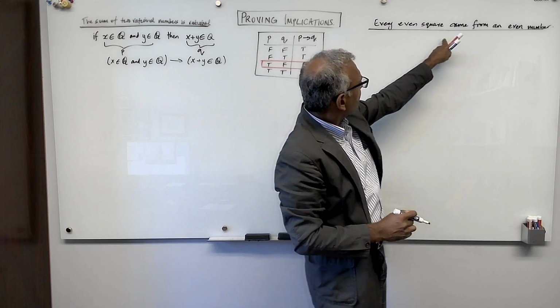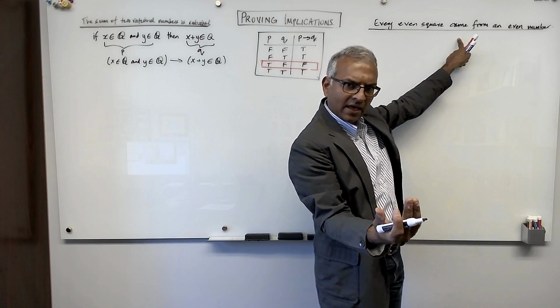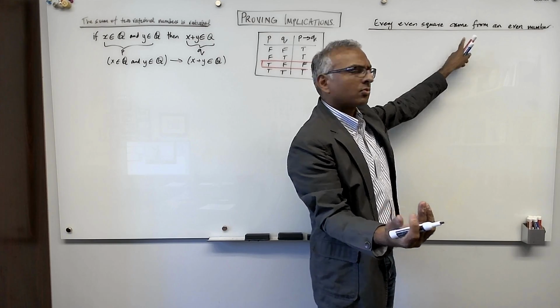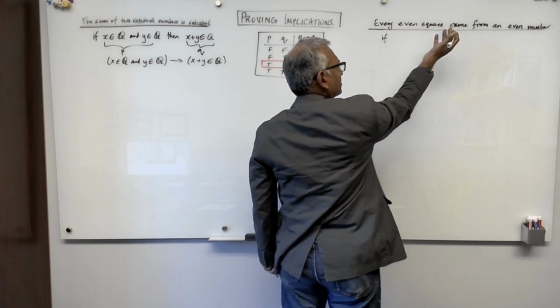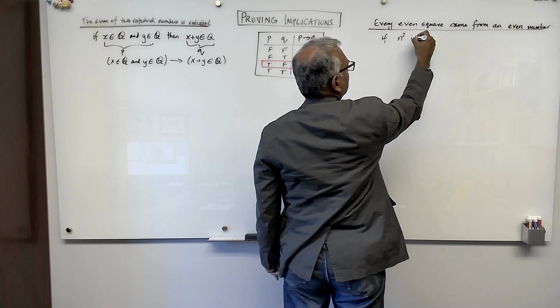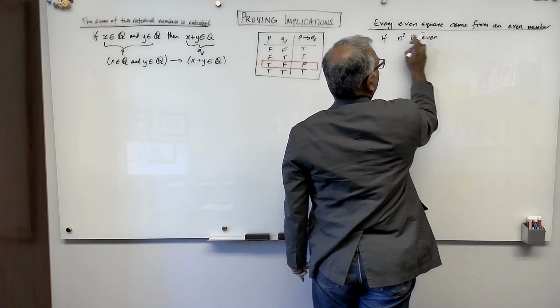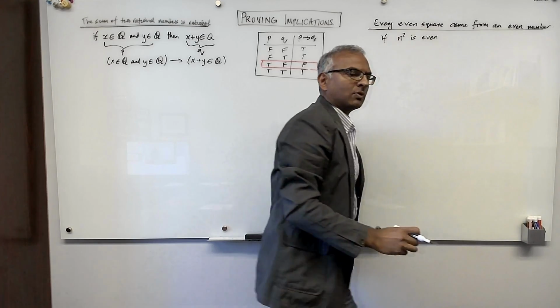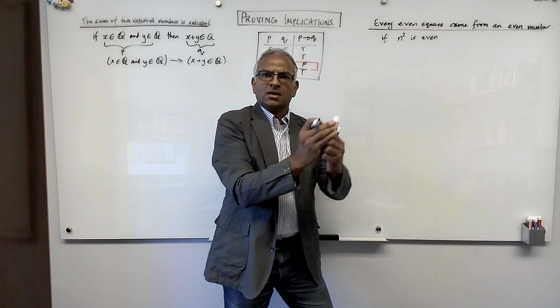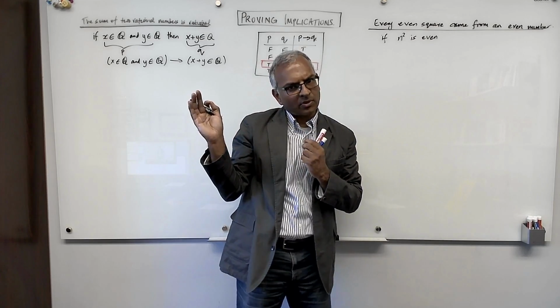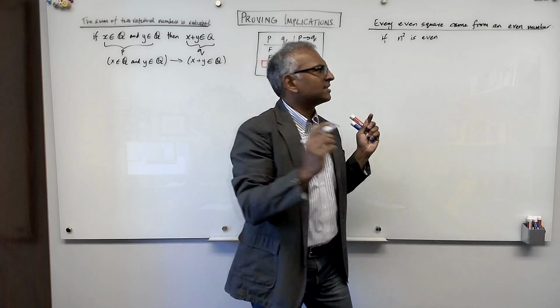What do we say? Every even square. So if you ever happen upon an even square, so if n squared is even, okay, so every even square came from an even number. What they're saying is if you come upon an even square, it must have come from an even number. So if n squared is even, then it must be the case that n is even.